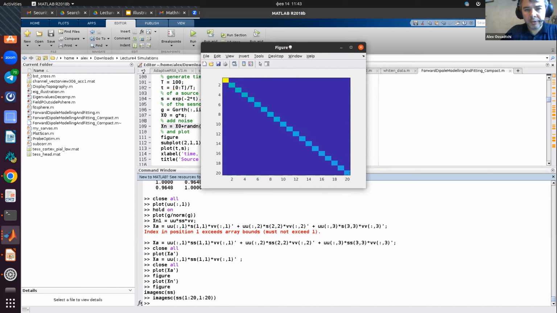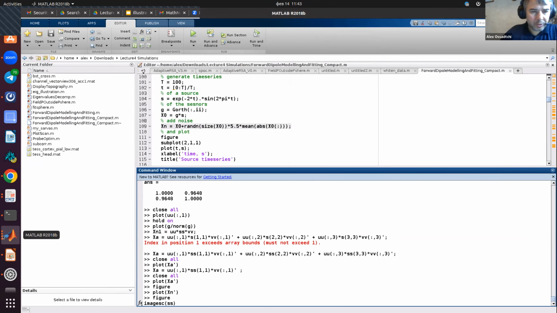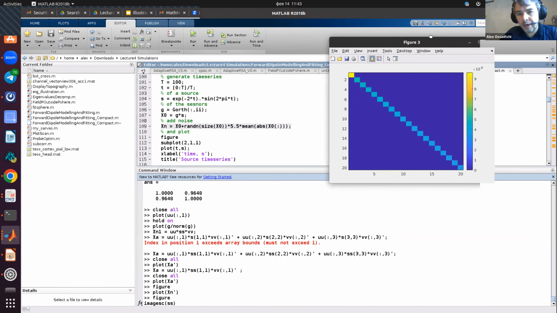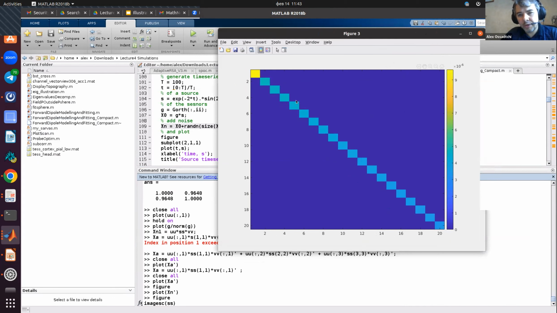See? Okay, and then add a color bar to it. So you can see that this is the diagonal matrix, meaning that all off-diagonal elements are 0, and you have only the main diagonal values that are non-zero, and the very first diagonal value is very high, as compared to the rest.